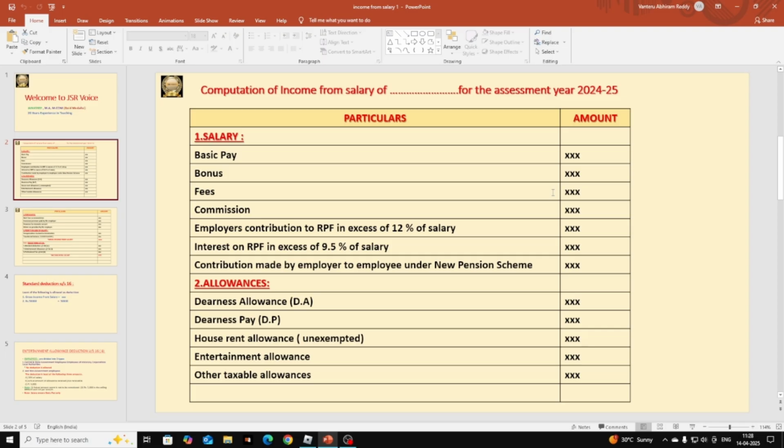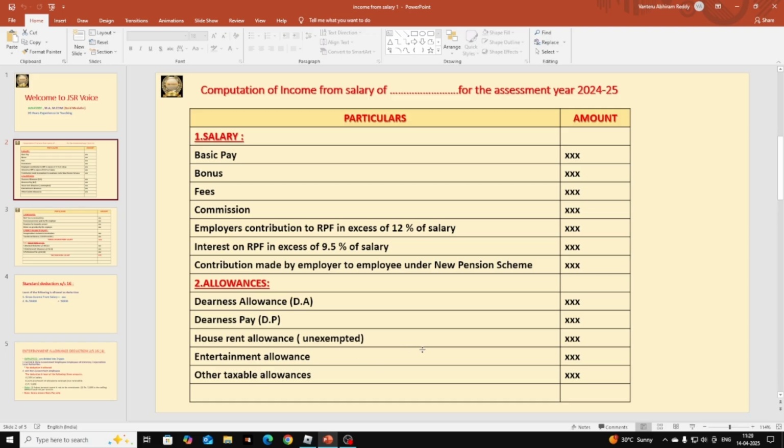Unexempted means which is taxable. Okay, so that is known as unexempted. And entertainment allowance, and any other allowance like lunch allowance, marriage allowance. Okay, so all of these are going to appear under allowances because those are fully taxable allowances. Tax-free allowances we should not record here.